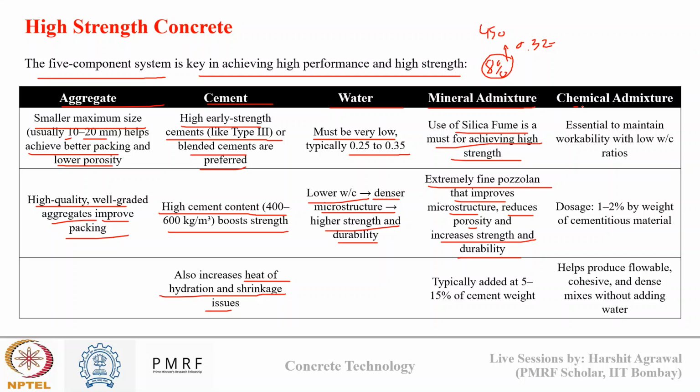Then chemical admixtures are also essential to maintain workability at such low W by C ratio. Generally 1 to 2% by weight of cementitious material is added as SP dosage for a high strength concrete, depending upon the workability demand. It helps us to produce a flowable, cohesive, and dense mix without adding additional water.